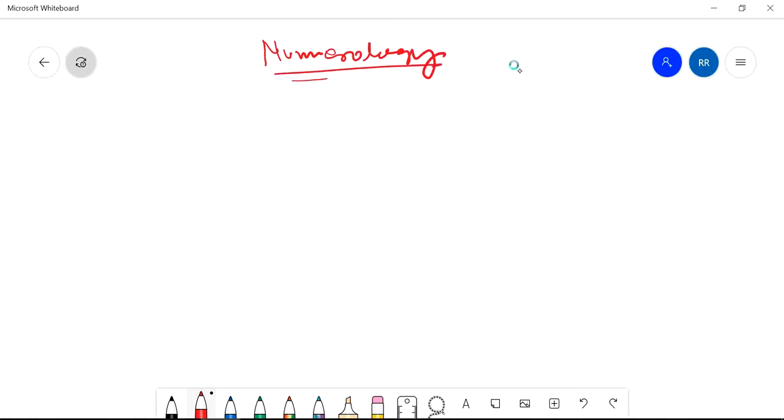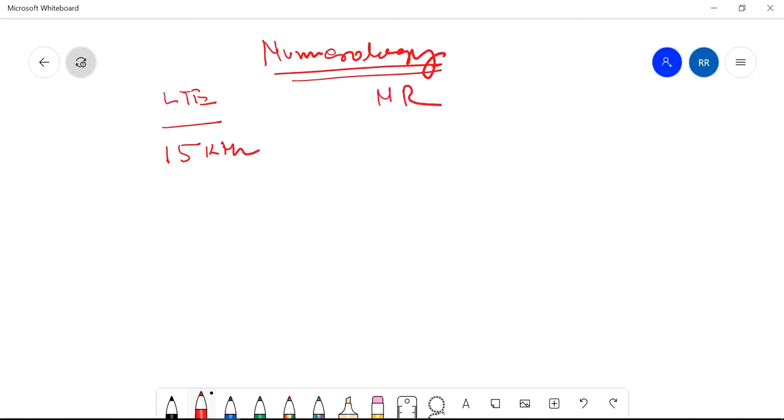Now, you might have heard about the term numerology. What is numerology? We can define the numerology in terms of subcarrier spacing. In LTE it was fixed at 15 kilohertz subcarrier spacing, but in NR we have flexible subcarrier spacing.